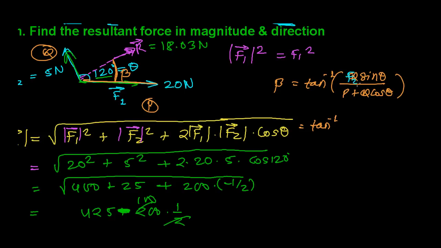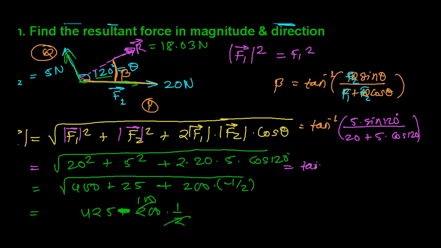So it is F2 sine theta, where F2 is 5 Newton and sine theta is sine 120, divided by F1, which is 20 Newton, plus F2, which is 5 Newton, times cosine of 120, all inside tan inverse.